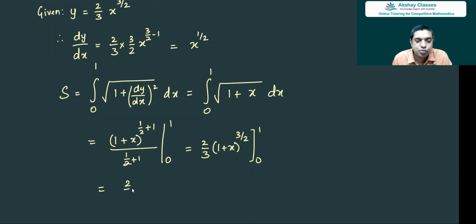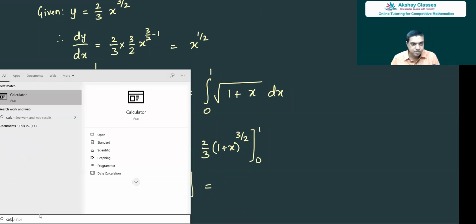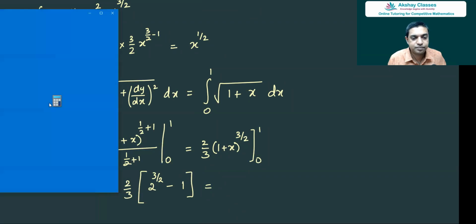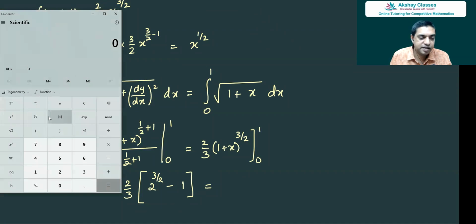This is 2 upon 3. Substitute. We'll get 2 to the power 3 by 2 minus 1 to the power 3 by 2. So the answer was given in terms of a numerical value. So let us calculate that. 2 to the power 3 by 2.